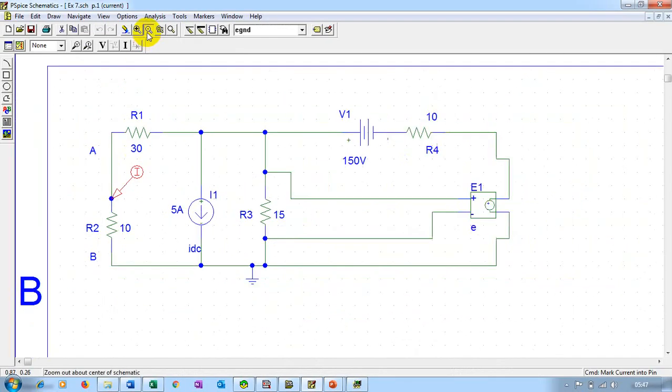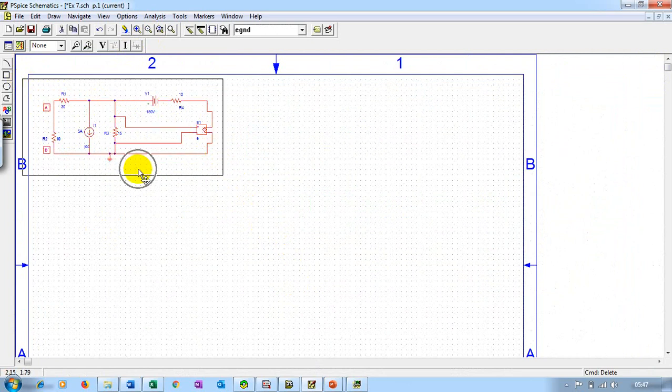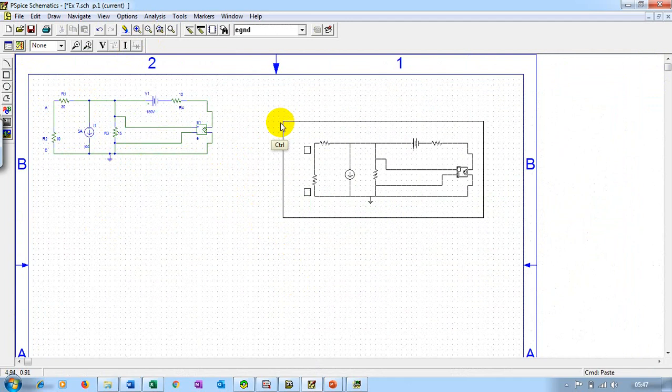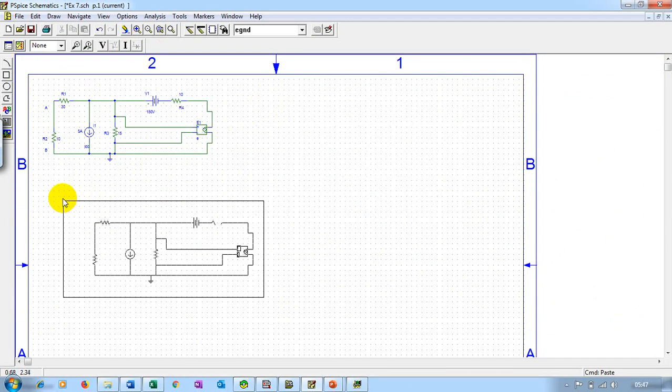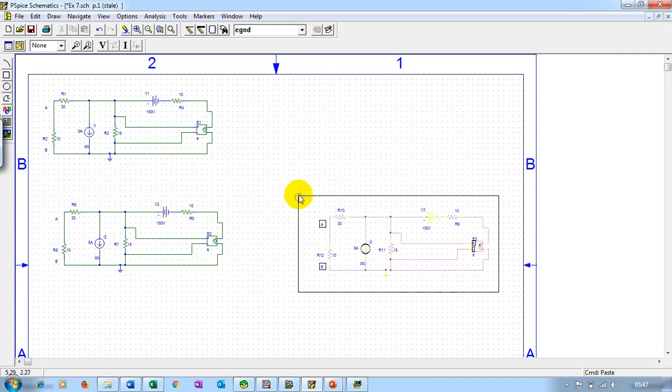So what you can do is first delete your current marker. As we know the circuit is correct, let us select all over here. I'm pressing Ctrl C on my keypad and Ctrl V to paste. So I'll be placing this twice, first, second.